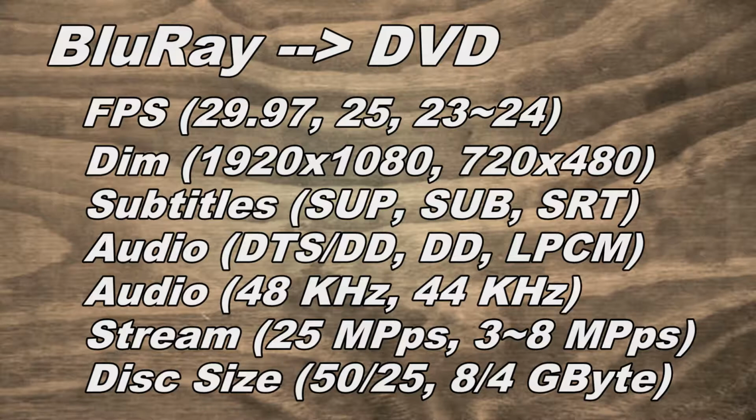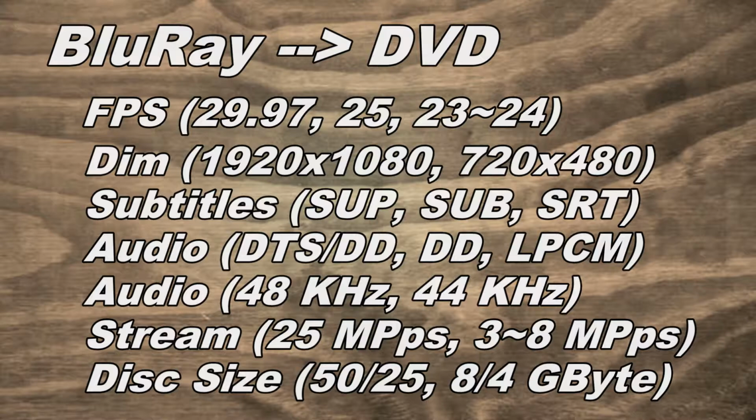The big difference between Blu-rays and DVDs is that the stream size in Blu-rays is typically 25 megabits per second or higher, and you're usually only looking at 3 to 8 megabits per second on the DVD side. You're also trying to shrink the disc size. For all those things above, the right side is typically the DVD and the left side is the Blu-ray, at least for the bottom five.